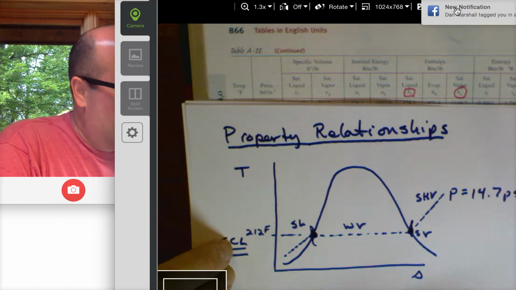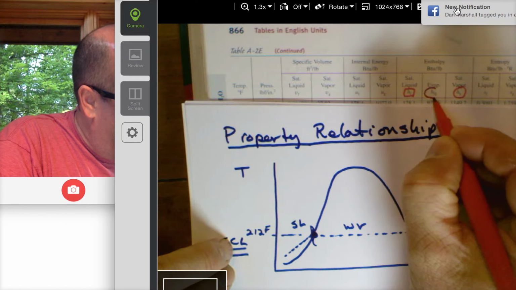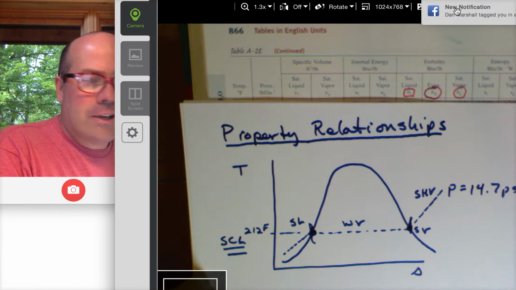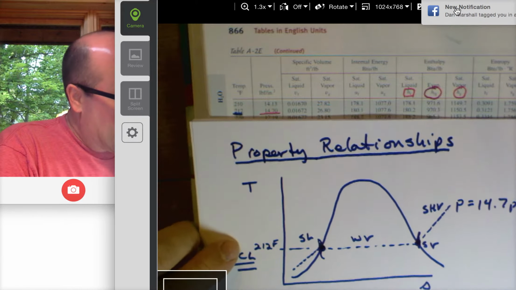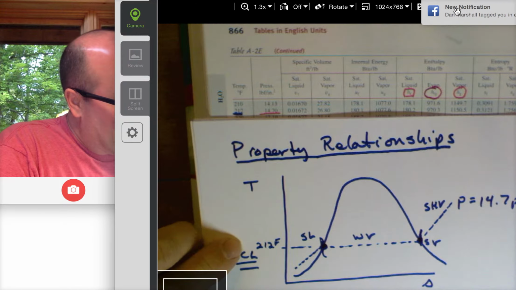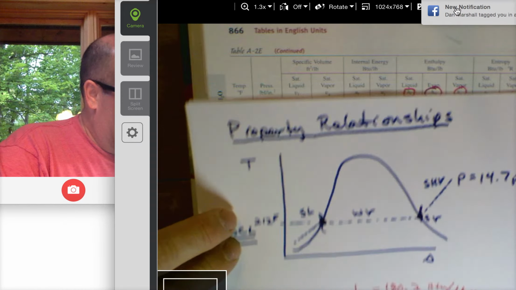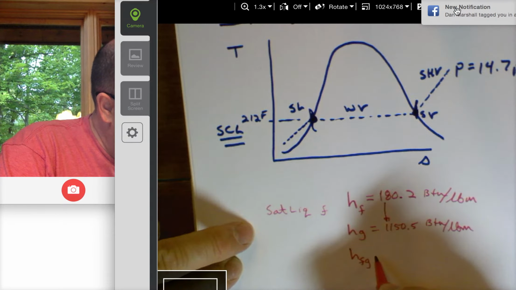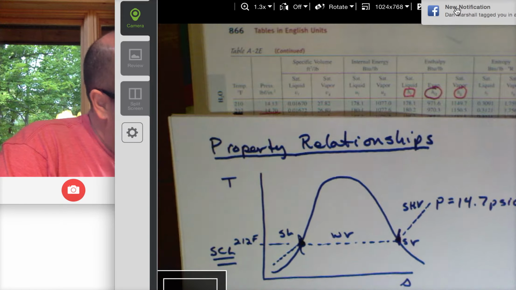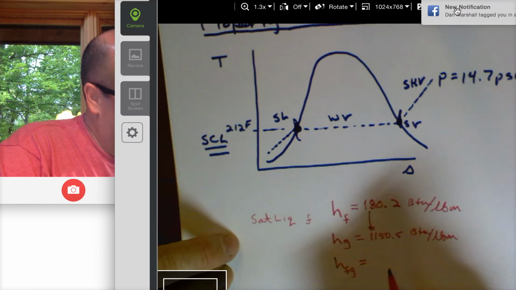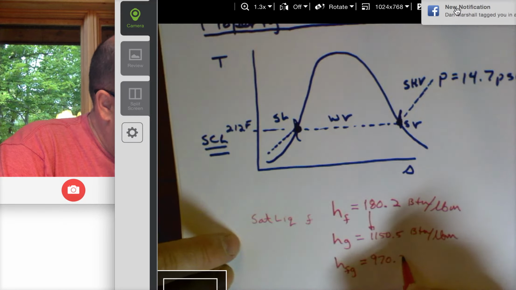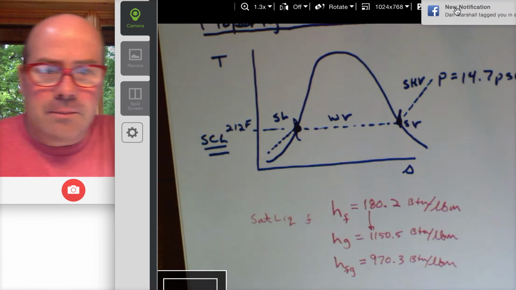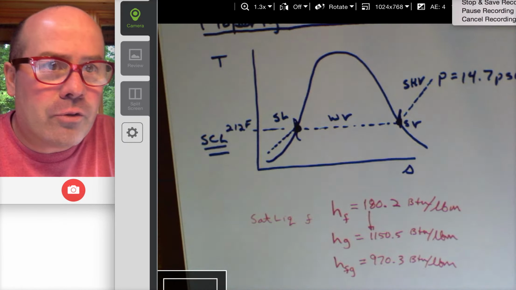It's the middle column for enthalpy, and they signify it hfg, and all it is is the difference between those two. They've just used a spreadsheet to do that subtraction for us. hfg is 970.3 BTUs per pound mass.